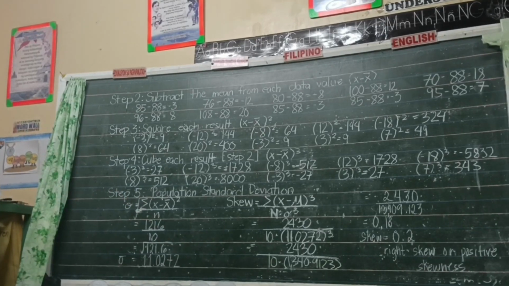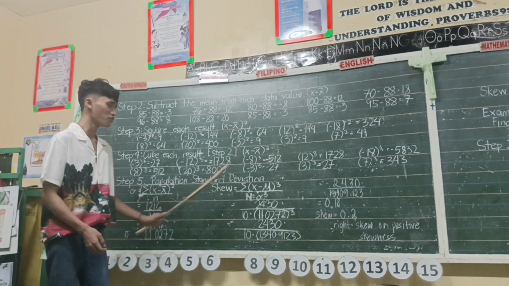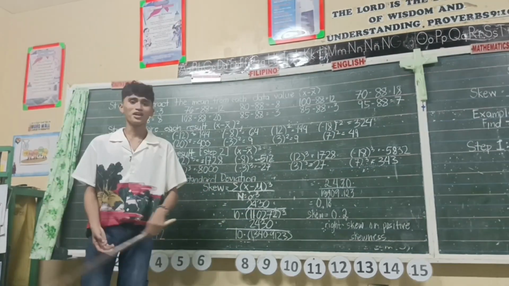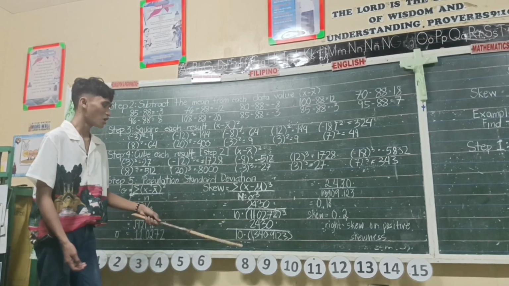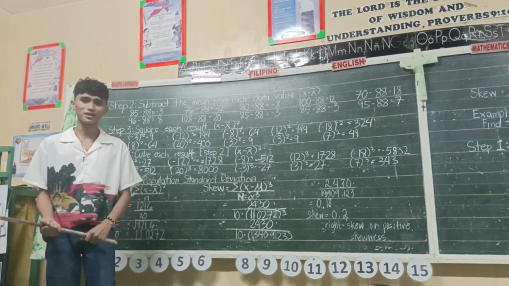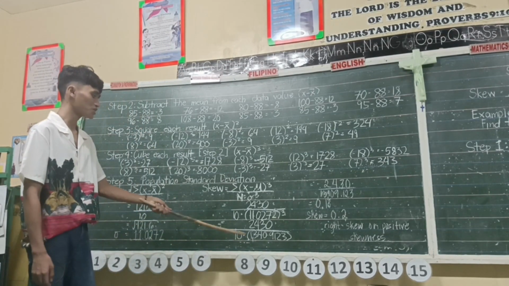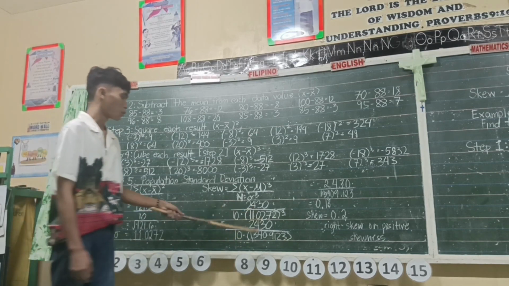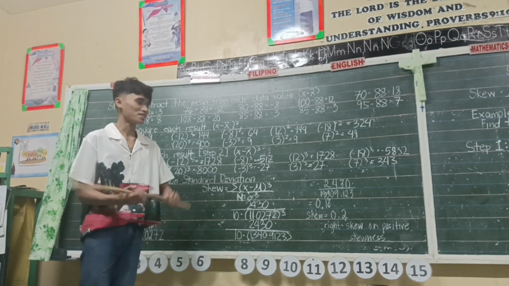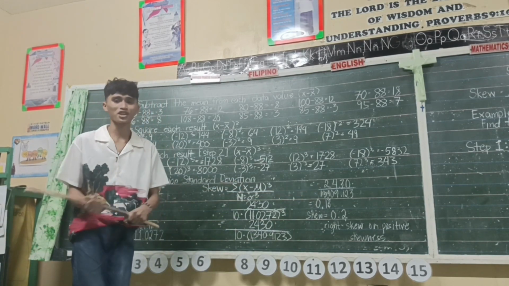2430. And now we're going to find the cube of the population standard deviation, which is 11.0272. The result of the cube is 1340.9123. Now we're going to multiply by the number of population, which is 10, so 10 times 1,340.9123 is equal to 13,409.123.